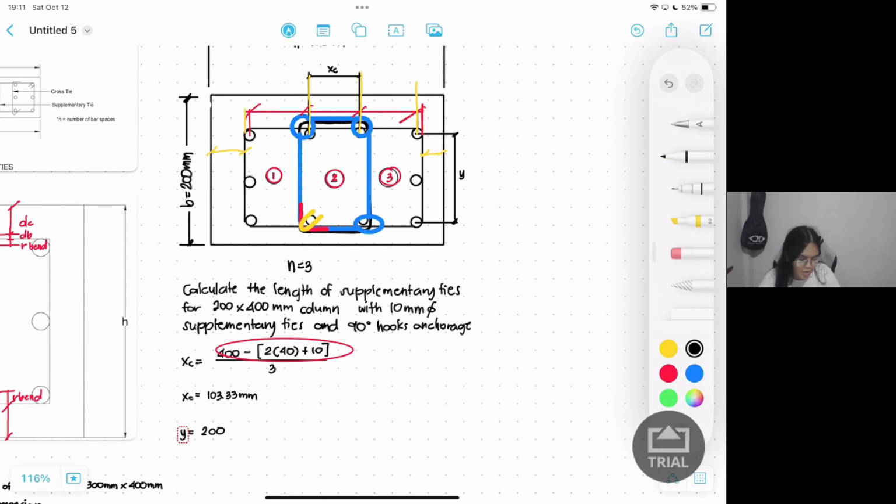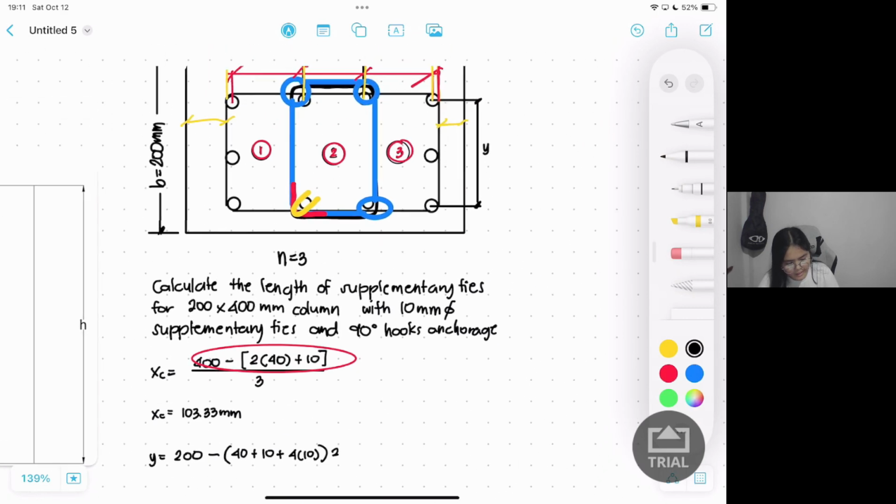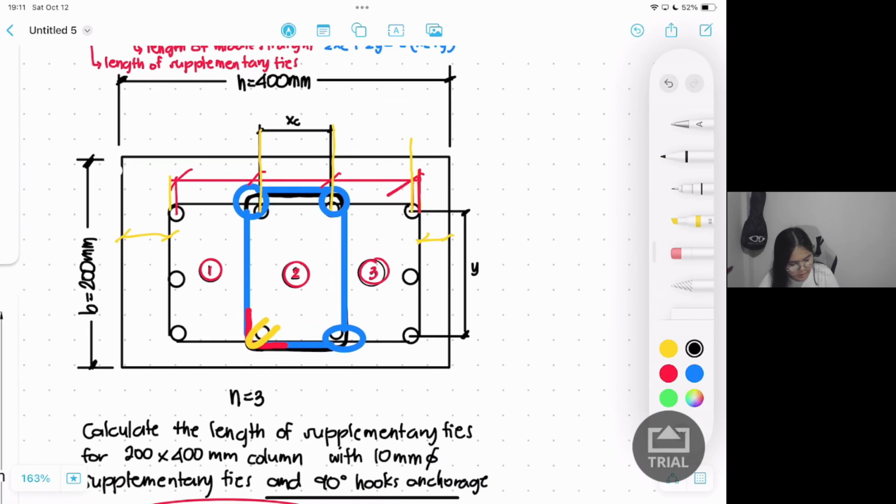So, for 200, isubtract natin yung concrete cover plus yung DB plus yung radius ng bend na 4 dB. Again, imumultiply ng 2 kasi magkabilaan.